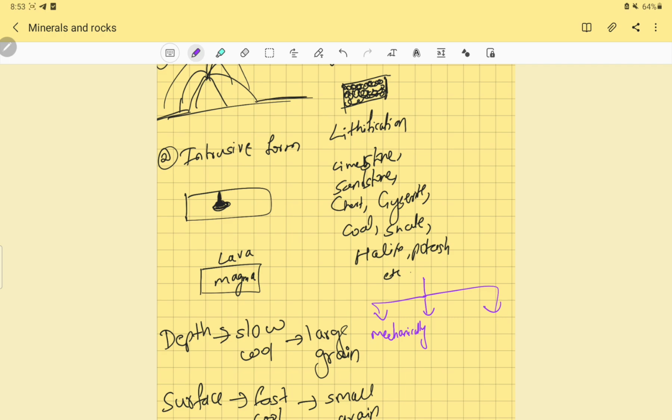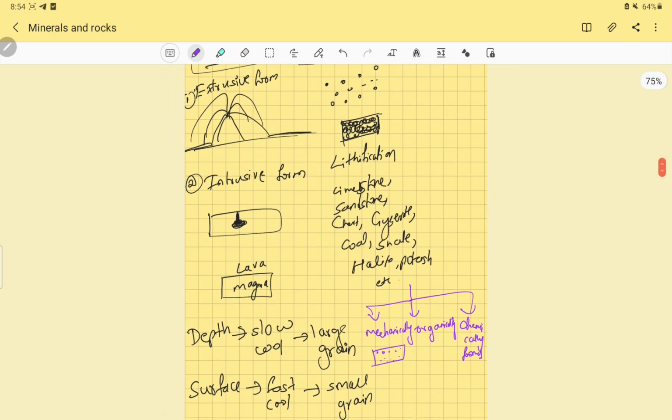When different fragments of stone are pressurized to be at a particular place by the environmental conditions, sedimentary rock is formed. That is mechanically formed. The other one is organically formed, and the last one is chemically formed. So there are three ways in which sedimentary rocks can be formed. So this is about sedimentary rocks.